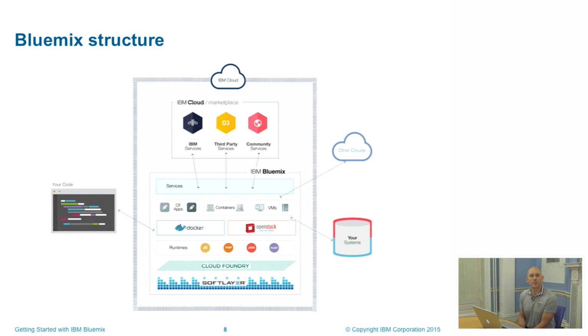But we also have the ability to bring in a Docker container or an OpenStack virtual machine to give you that flexibility to have the deployment choice that you need. We've got a wide range of services, and we have the option to allow you to bring a service to the Bluemix platform. And we provide facilities to integrate with existing infrastructure within your own data centers.